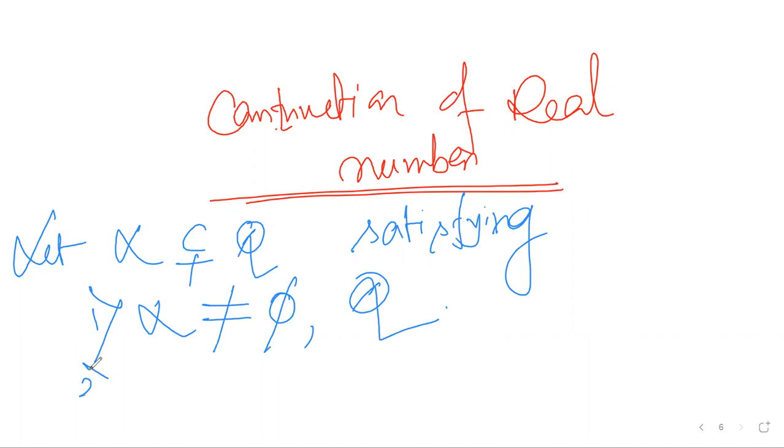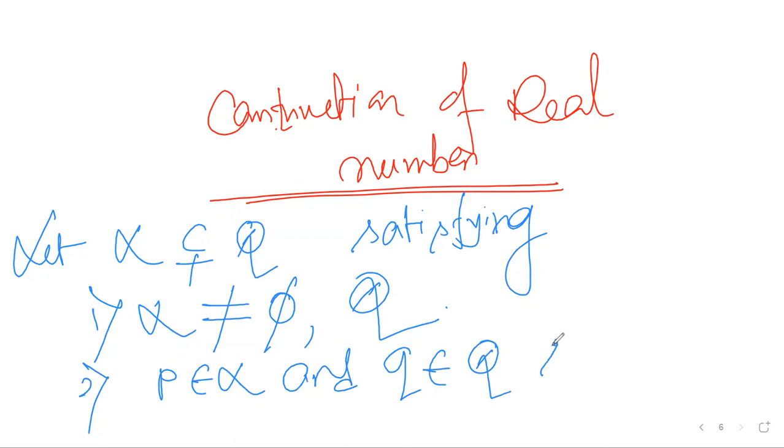The second condition is that if P belongs to alpha and Q belongs to the rational numbers, and sorry, I have to use a comma here, Q less than P, then Q belongs to the set alpha. Fine.